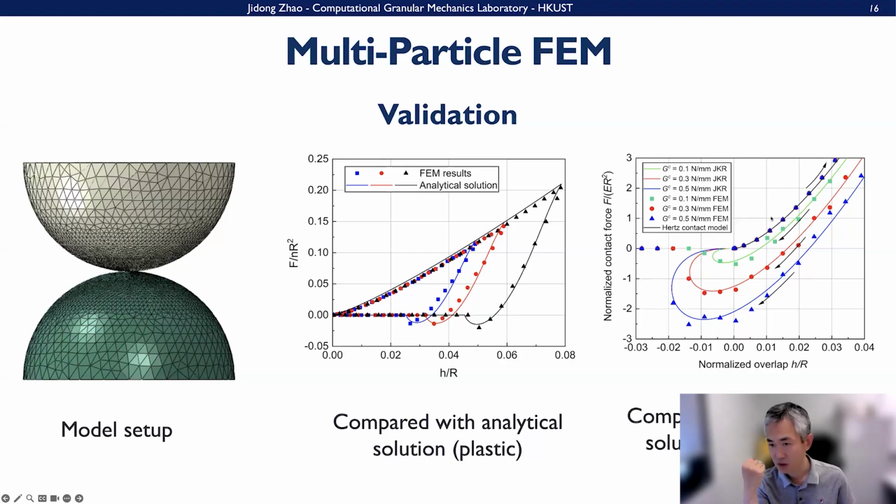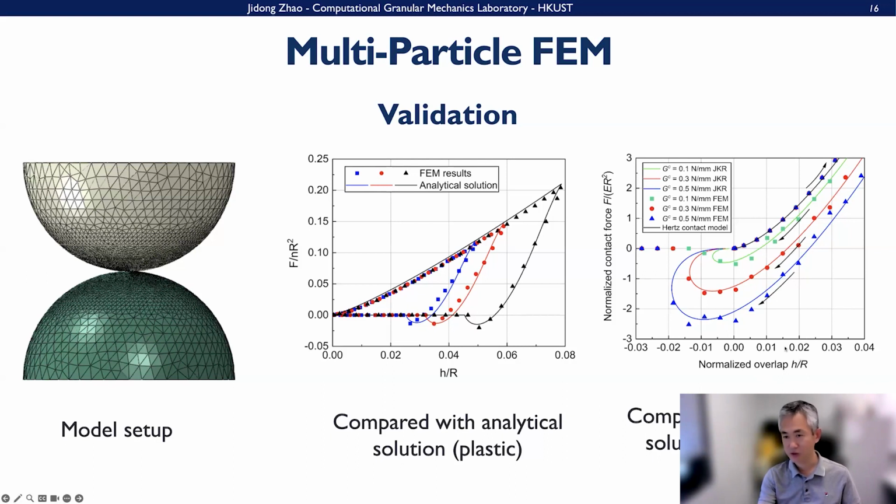When we do this loading and then unloading, these are the normal contact force and normal overlap here. And when we do this unloading, you have this curve because you also need to overcome certain cohesive force here.